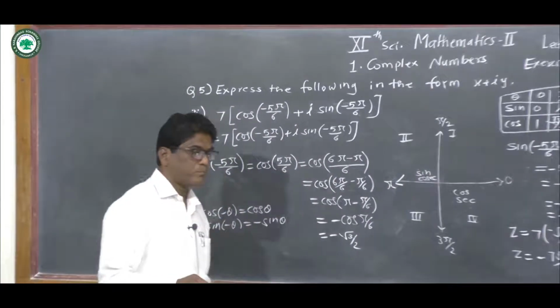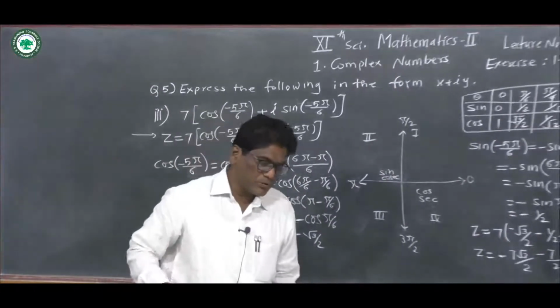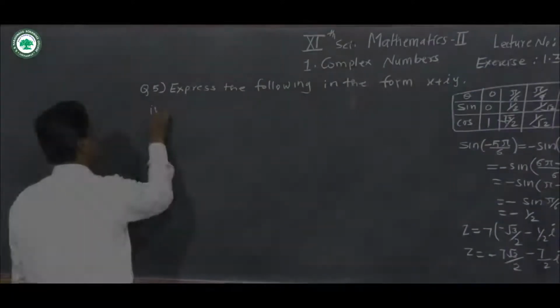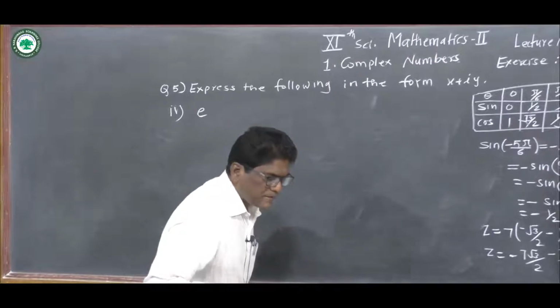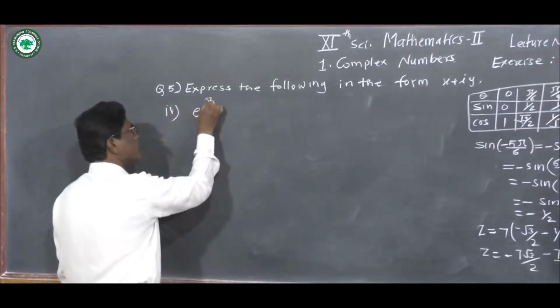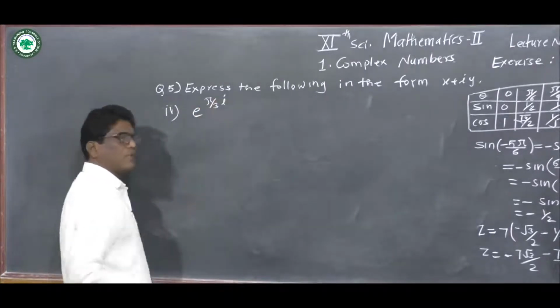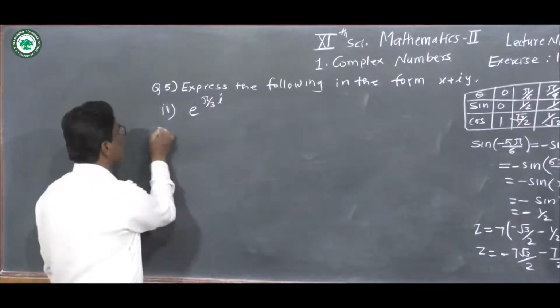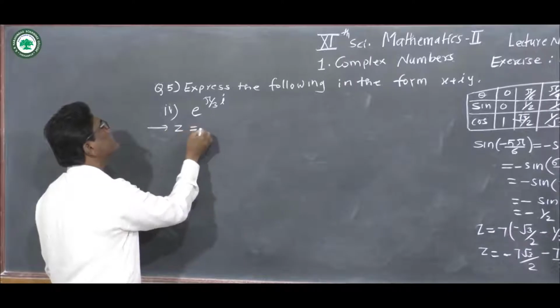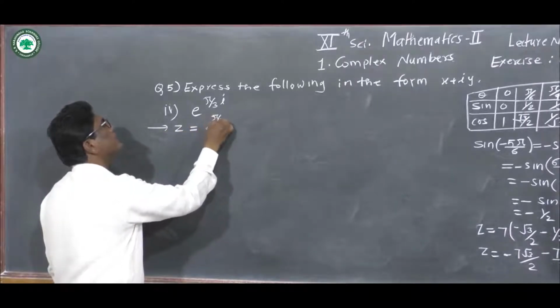Now next problem, the fourth problem: e to the power pi by 3 i. Call this z. This is in the exponential form, we know. So z is equal to e to the power pi by 3 i.